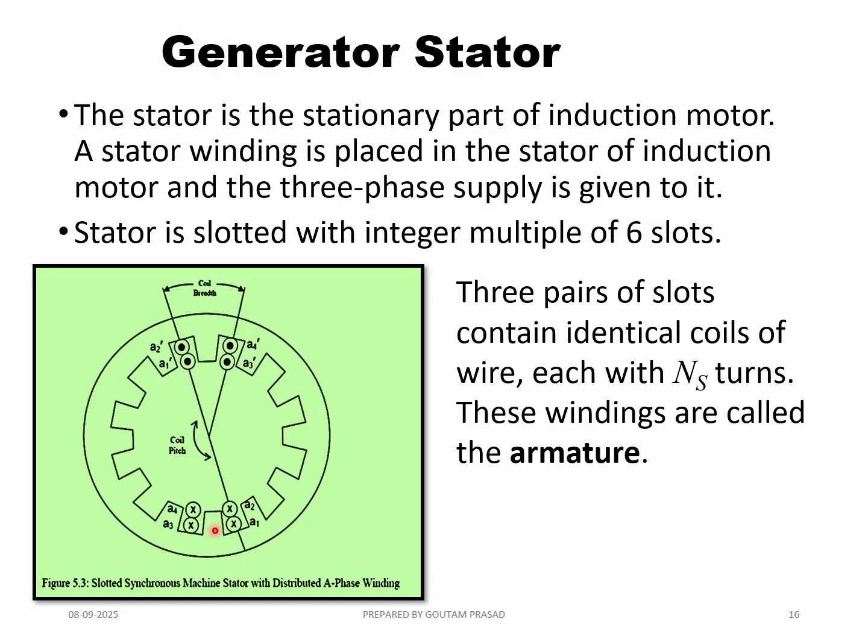So basically, this is the A phase of the coil. Similarly, you will have the coils for B phase and C phase in the remaining slots. Other slots have been shown empty for the simplicity of understanding. Let's proceed.